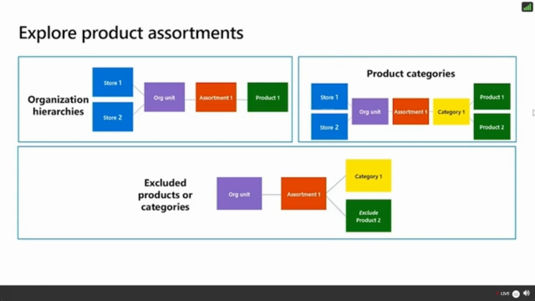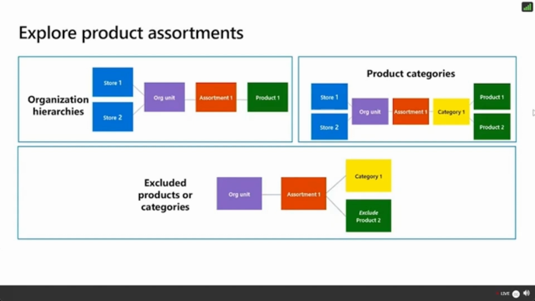So if you wanted, you could use the exclude option and you could set up specific products or categories that are either excluded or included in your assortments. So if you create an assortment, let's say at the global level, you can even have channels from multiple legal entities. And this is really helpful if you have products and product categories that are included in assortments across multiple legal entities. Cuts down on a lot of that repetitive work.